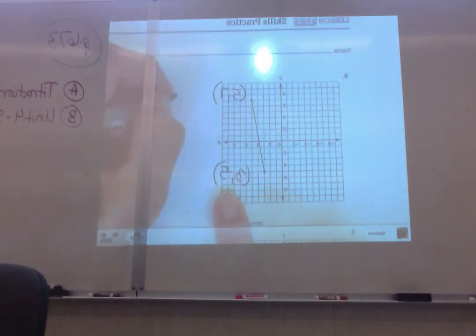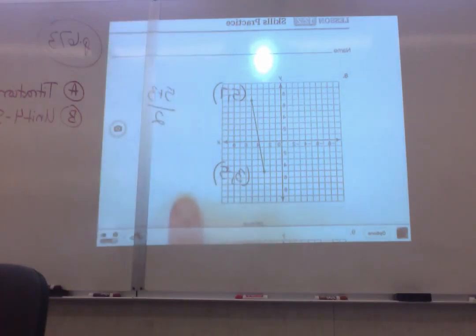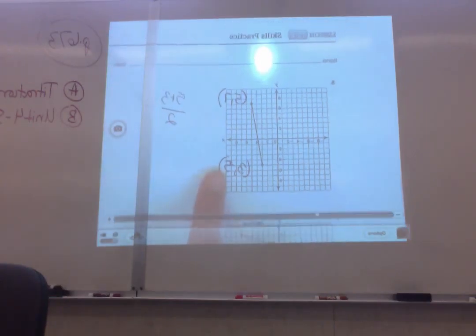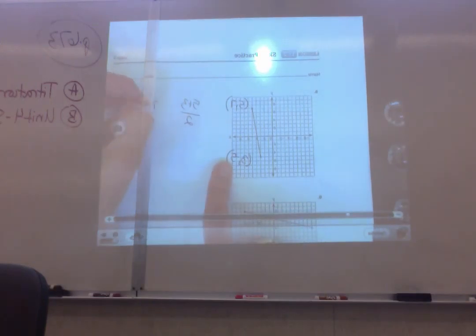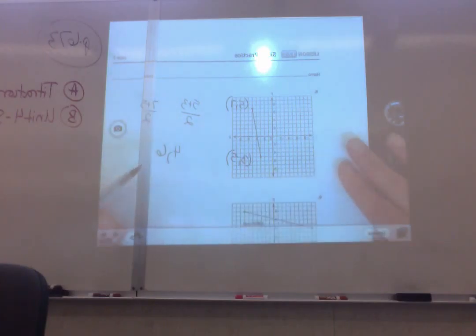Midpoint formula this time. So I take the two x's, 5 and 3, and add them, and get an average. I take the two y's, 7 and 5, and add them, and get an average. 8 divided by 2 is 4. 7 plus 5 is 12. Divided by 2 is 6. Let's see where that midpoint is.